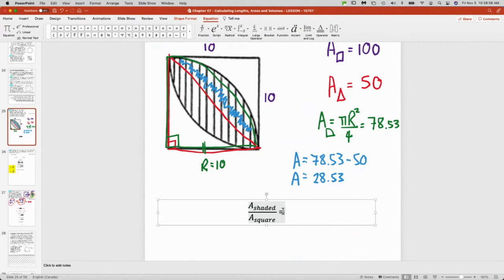So let's see what happens here. The shaded region is going to be 2 times 28.53, the blue and the green. So the green region, Sheldon, is the entire quarter circle, and then the blue is just this. It's half of the shaded part. The blue region is half of the shaded part.